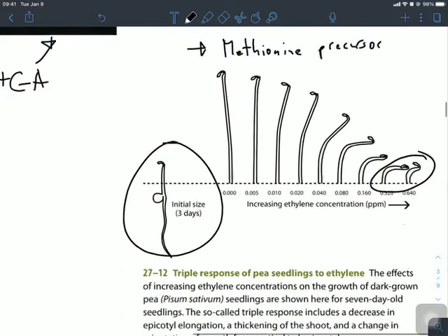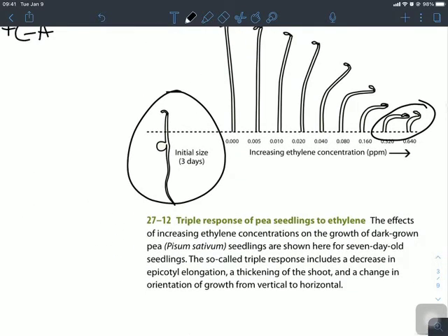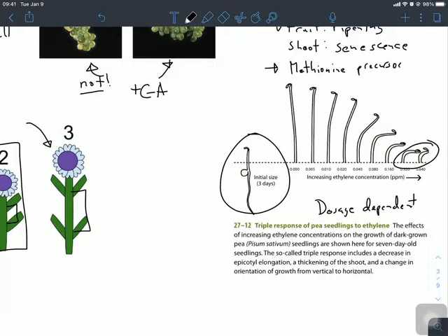You change in a lot of different ways in a dosage dependent fashion.